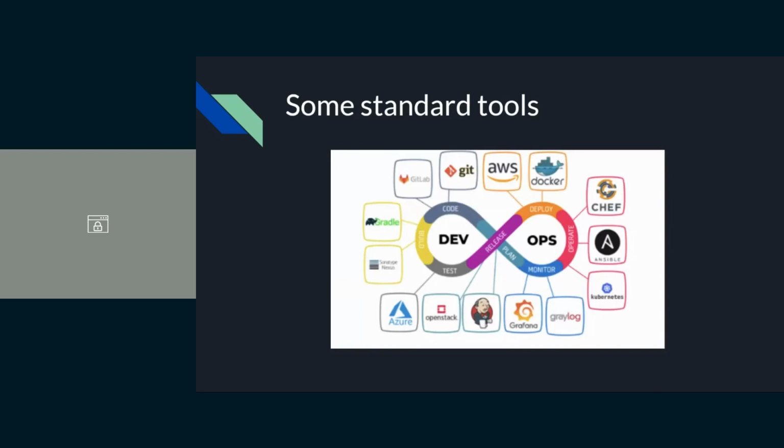I hope I am able to convey the point here that it's not about two distinct, disjoint things. Everything works in a loop. You start planning, you write the code, you build it, you deploy it, then you monitor it, you observe it, and then again, based on those observations, you come back and start deploying again. And this is a process that's going to work throughout the life cycle of the application.